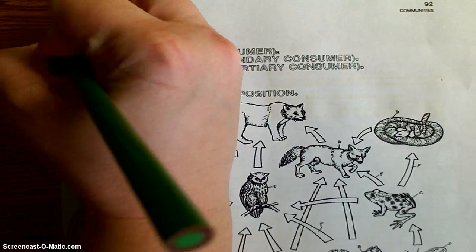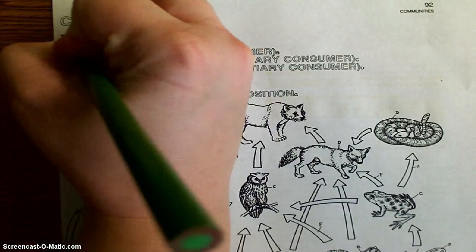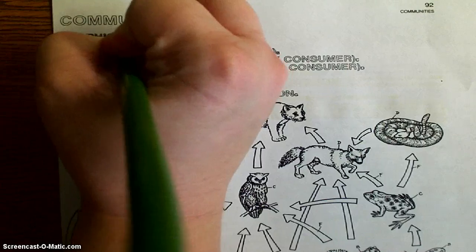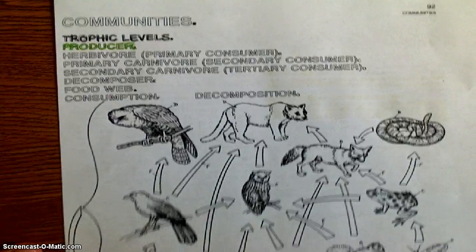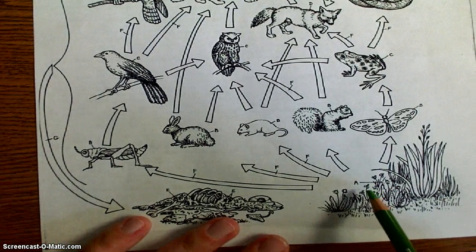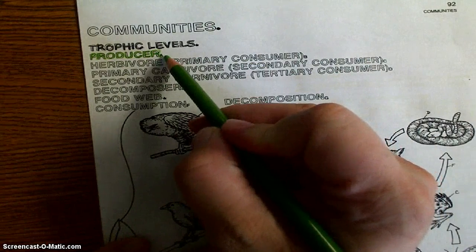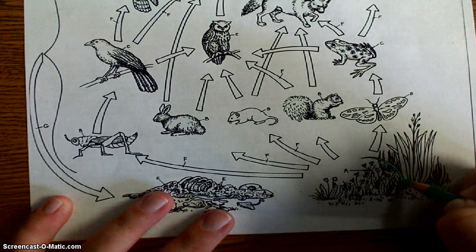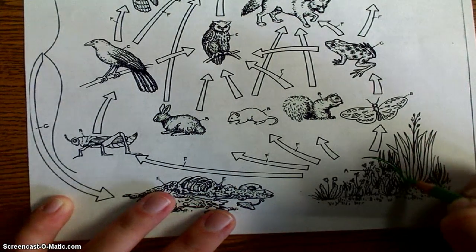So I'm going to color in, or just outline, producer in green. Then I'm going to go down to my paper and find the illustration for letter A, because next to producer up here, you'll see the letter A. So all of my plants, all of my producers are down here. I'm going to go ahead and color that green.